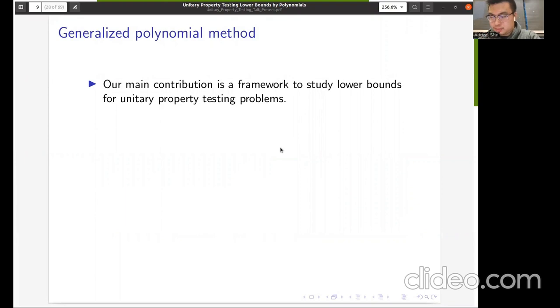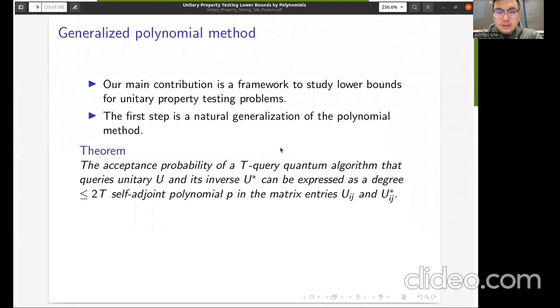We firstly show that if we have a T-query quantum algorithm that's able to query some unknown unitary U and its inverse, then the acceptance probability can be expressed as a degree 2T polynomial in the matrix entries of this unknown unitary U. Furthermore, this polynomial has some nice properties, such as being a self-adjoint polynomial.